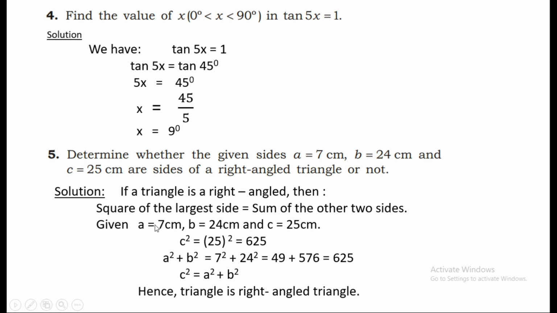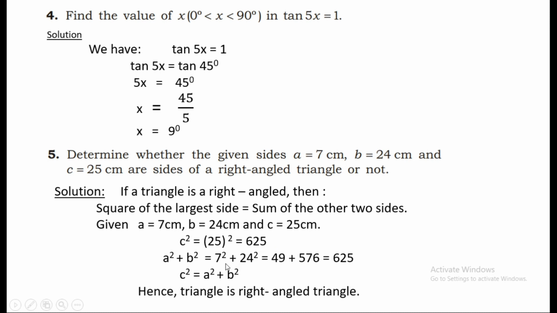Okay, given a, b, c. Which is the longest side? c is the longest side, that is 25. Once we get the square of 25, it is 625. If the sum of the squares of the other 2 sides, a square plus b square, gives 625, then it is a right triangle.